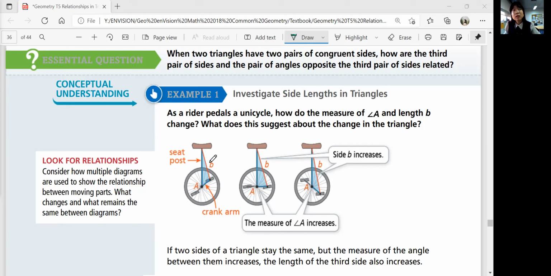And that means the distance between the side post and that part of the crank arm would increase, which is represented by B. Because if two sides of a triangle stay the same, the measure of the angle between them increases when the length of the third side also increases.